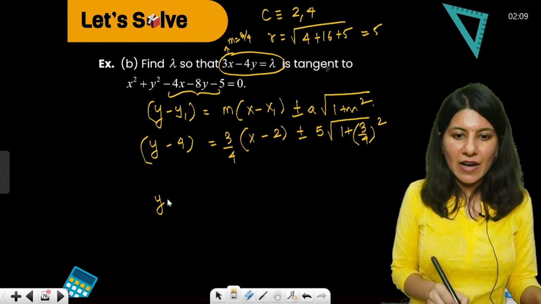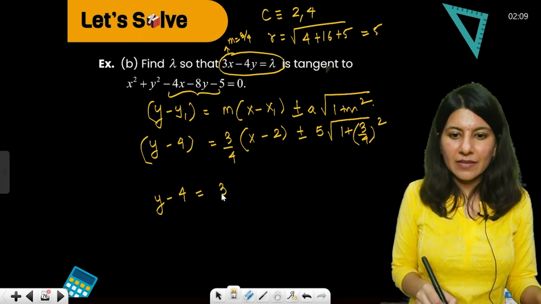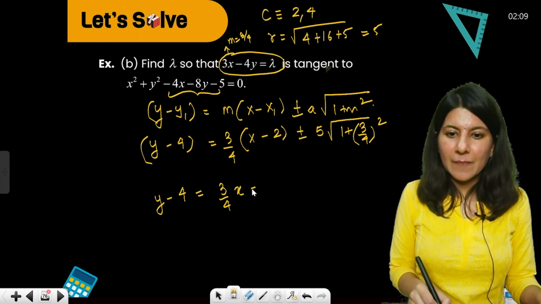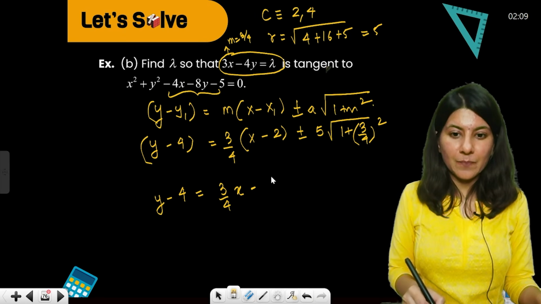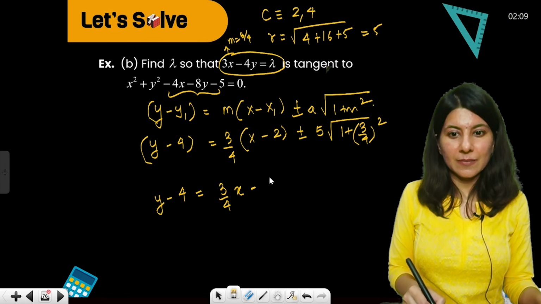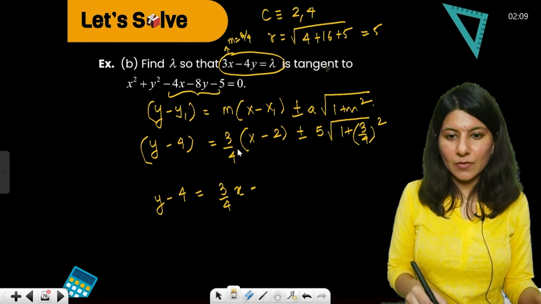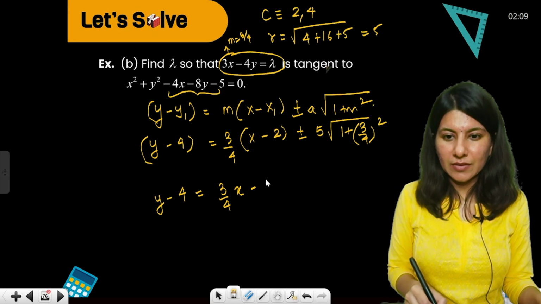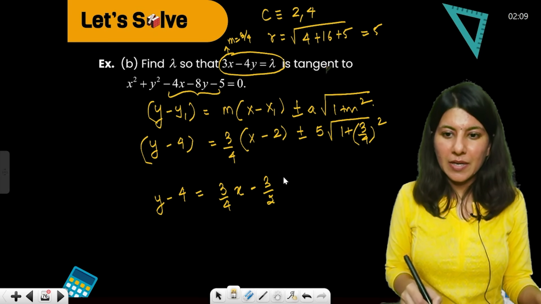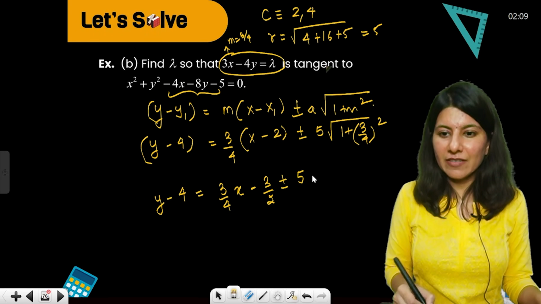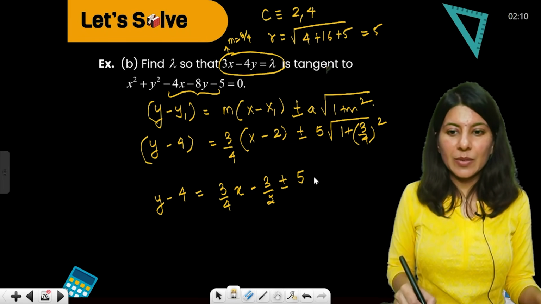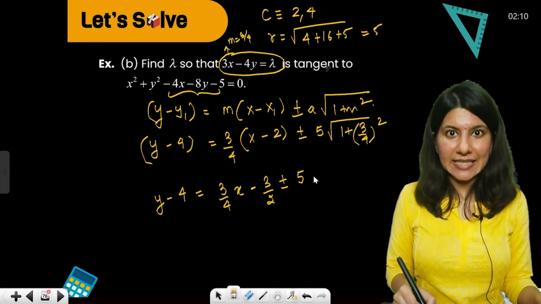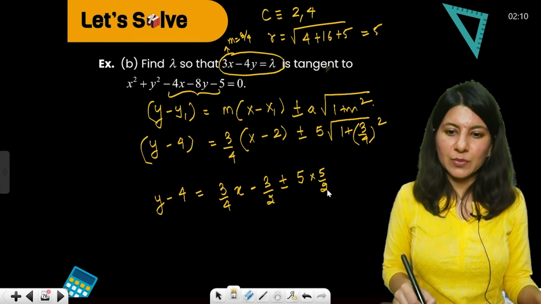So y minus 4 equals 3/4 x minus, this will be 3 2s are 6 by 4, that is 3 by 2, plus minus 5, and if you solve the root, it will become 25 by 16, so 5 by 2.